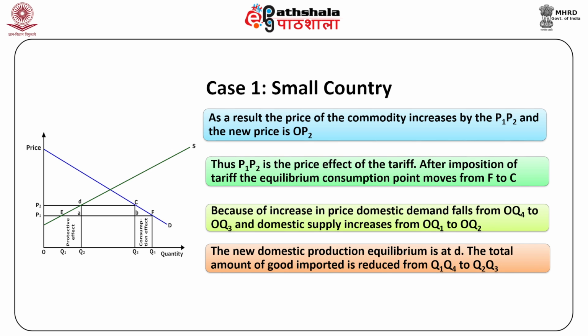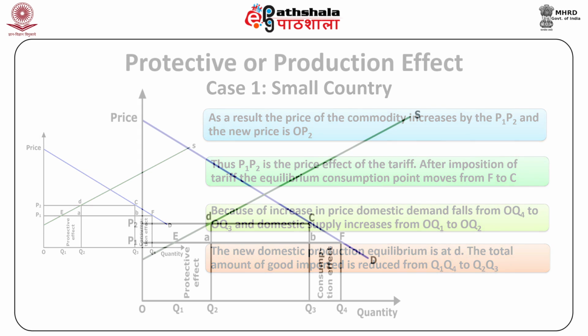After imposition of tariff, the equilibrium consumption point moves from F to C. Because of the increase in price, domestic demand falls from OQ4 to OQ3 and domestic supply increases from OQ1 to OQ2. The new domestic production equilibrium is at D. The total demand for imported goods is reduced from Q1Q4 to Q2Q3.